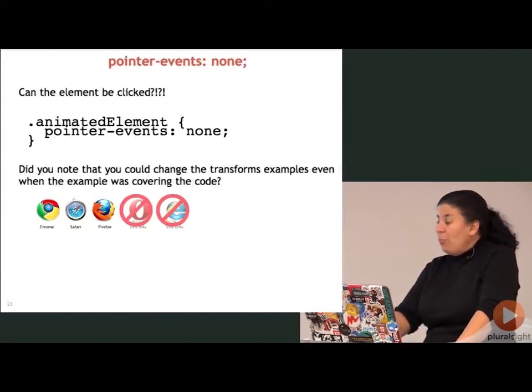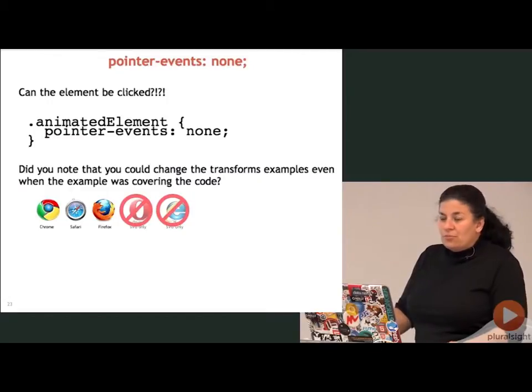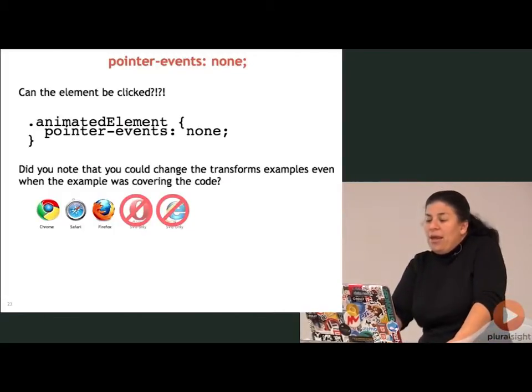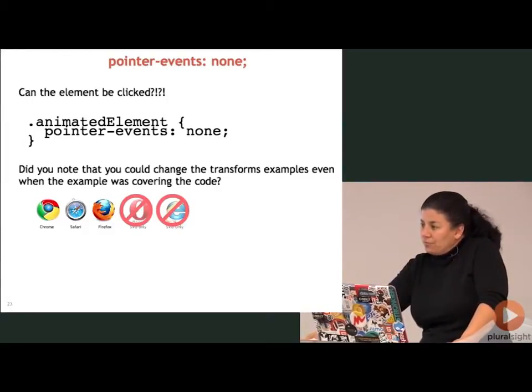Okay, pointer events. I actually used this in this deck, and there are so many properties that I only wanted to point out a few. So the next two are ones that I use in this deck. Animated events, I did pointer-events: none. And that was so that if I move something onto my text, I could still edit my text behind it.